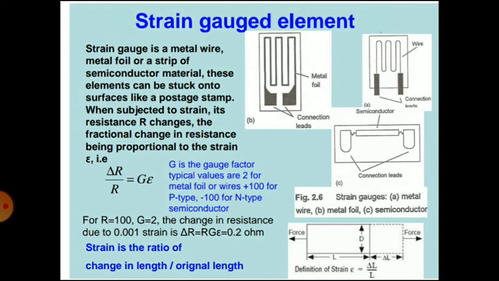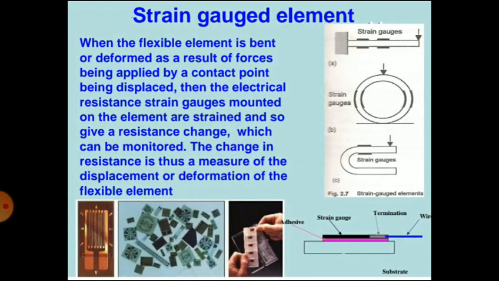Other strain gauge elements that you can see are the metal wire type, then the metal foil type strain gauges in the diagram, and other different types of strain gauges mounted on different elements.